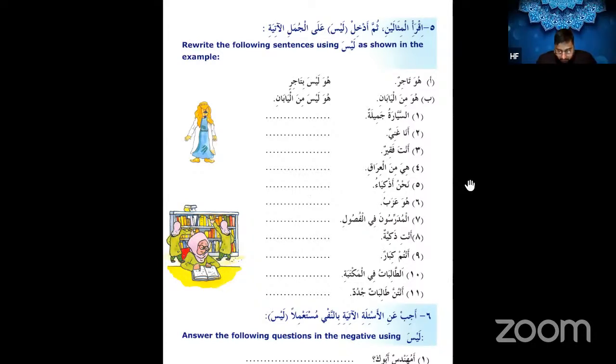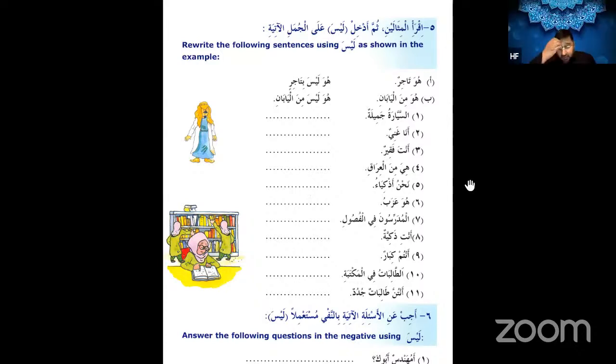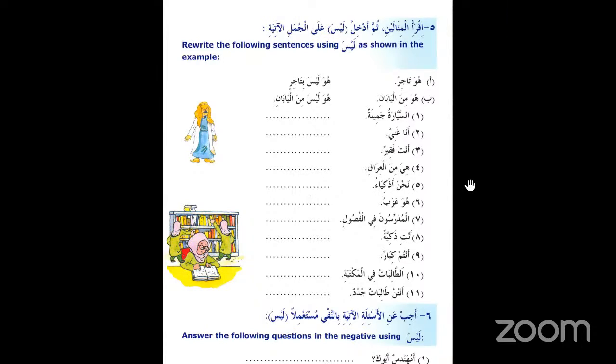Okay, thank you. Nahnu adhkiya. We are intelligent. I forgot the meaning of adhkiya. That means intelligent. We are intelligent, I hope.